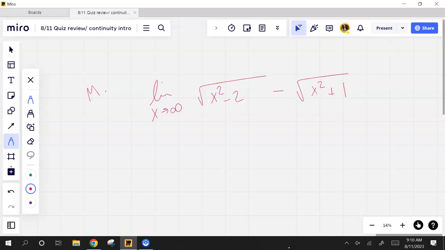Right, so it's still the square root of something really, really big. But look, these are exactly the same, and you're subtracting. I would do 0 for that one, yeah.